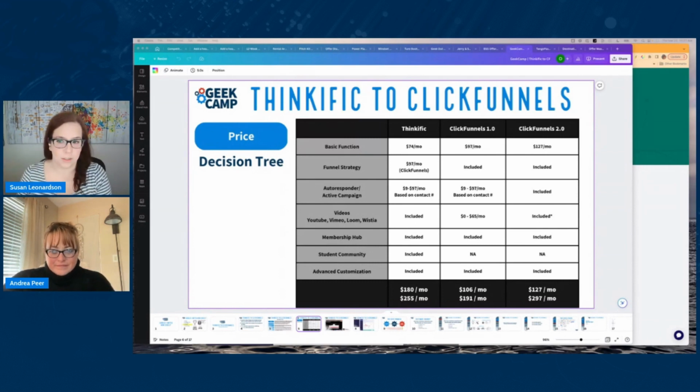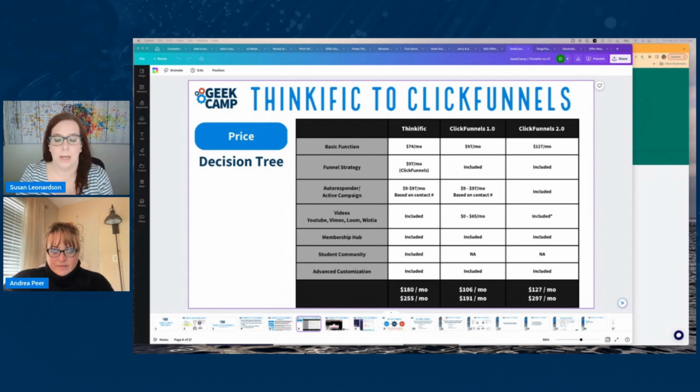I know that they're working on something for 2.0, but we don't have that right now. And we don't know if it's going to be built in or if it's going to be an integration or embed with Circle. So we can't really speak to that. But right now, if a community within your course area, the membership area, is important, Thinkific is probably the way to go.